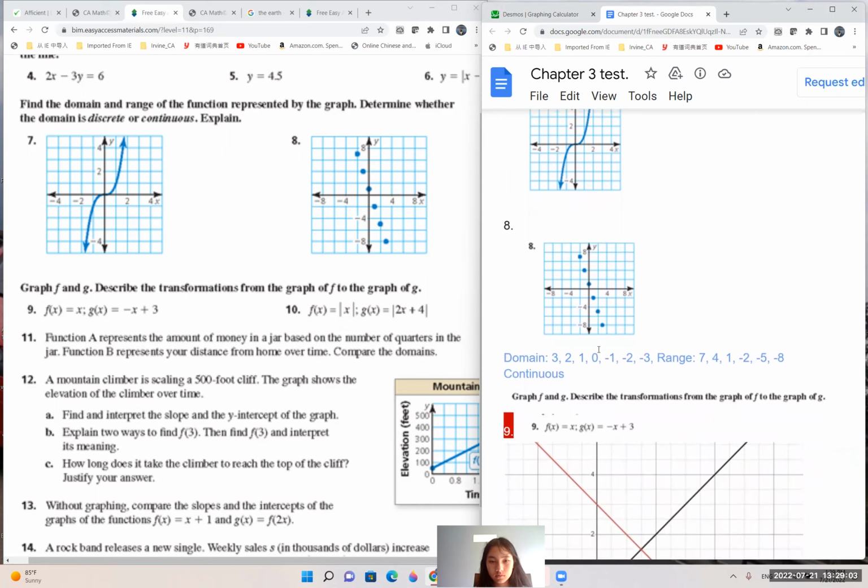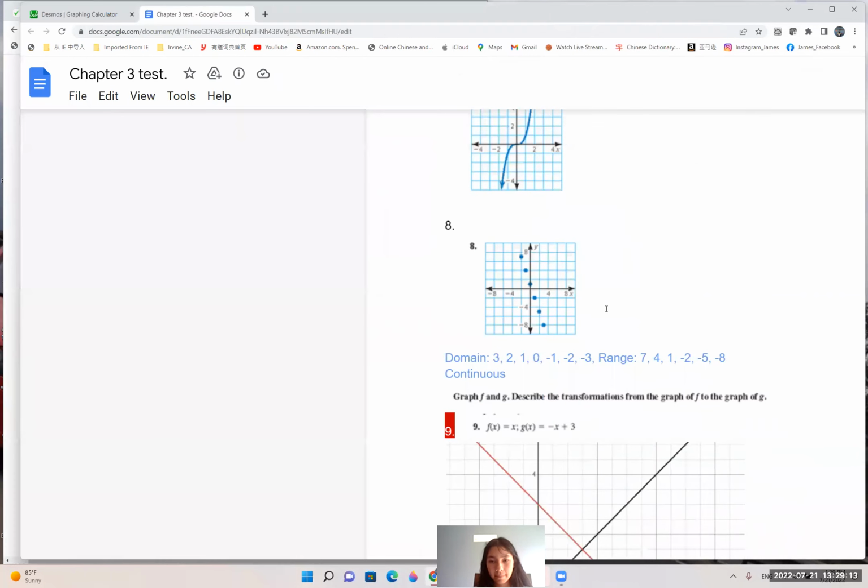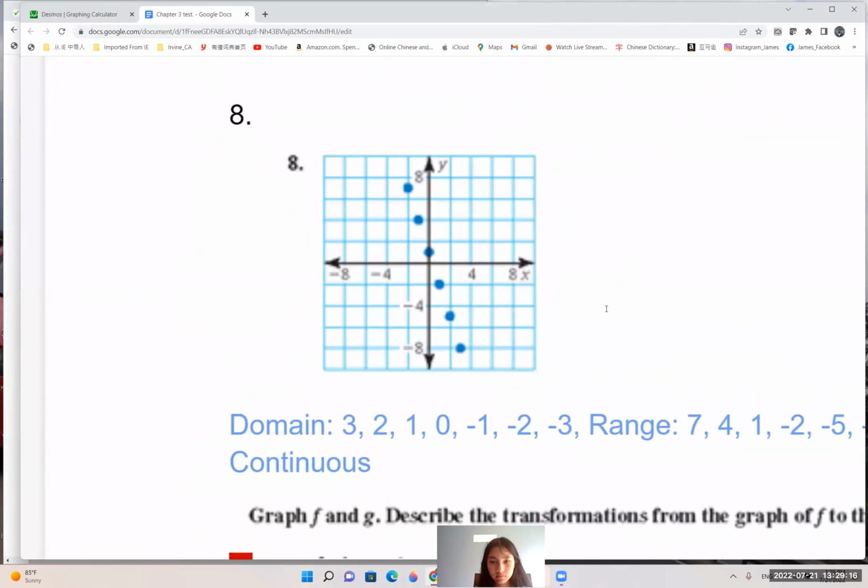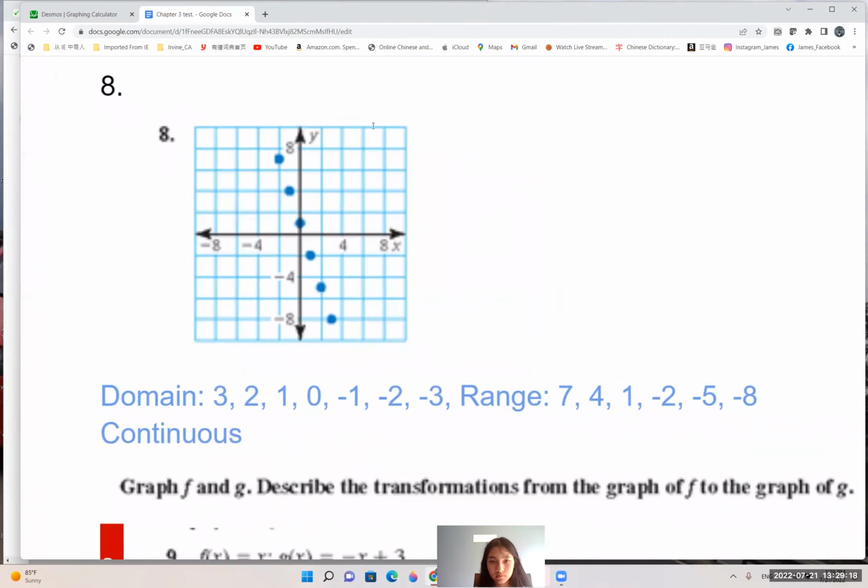So domain is, let me see. Let me check. Negative 3.